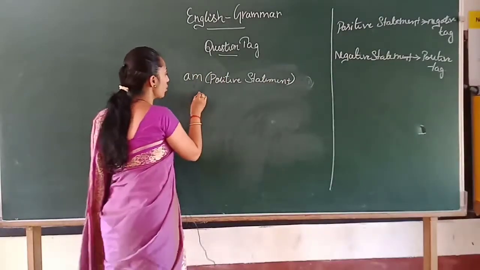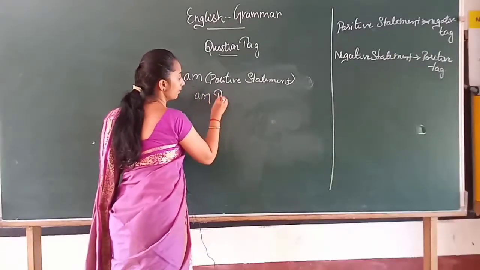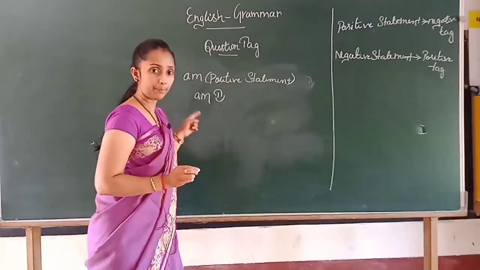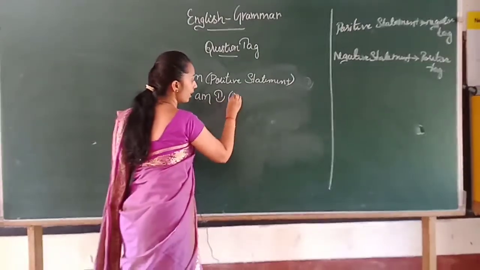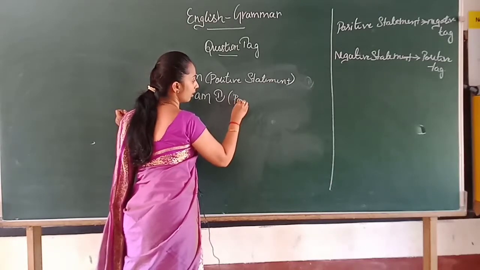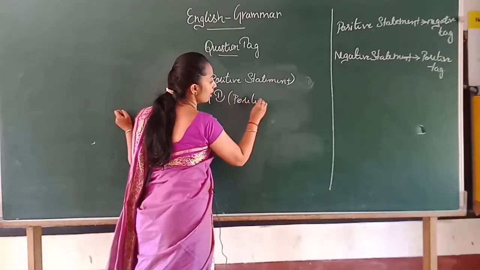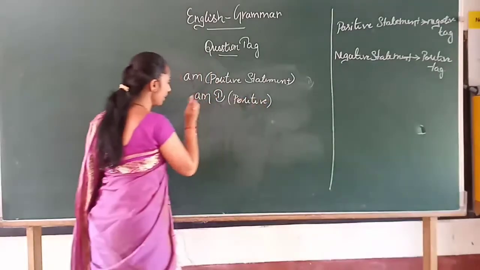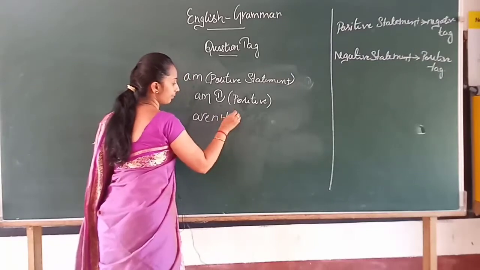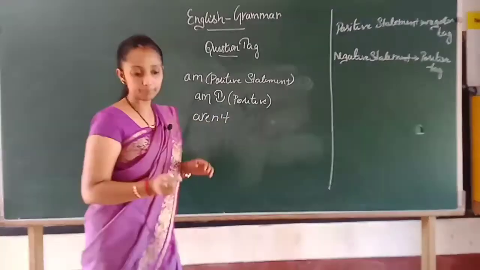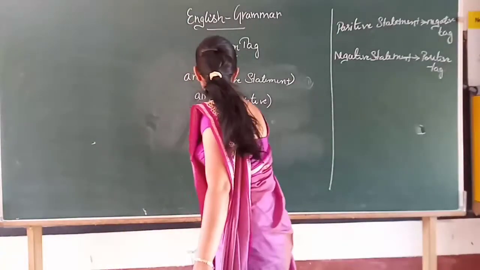Then your positive question tag should come as am I. If you want to make it a negative tag, then it will come as aren't I. Aren't I. Clear? Is it clear?